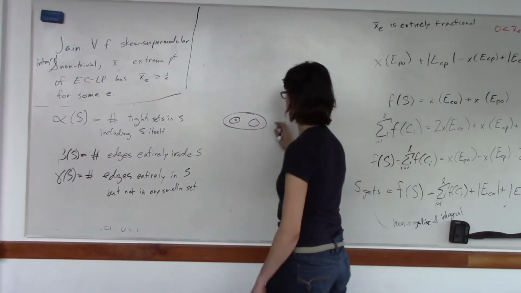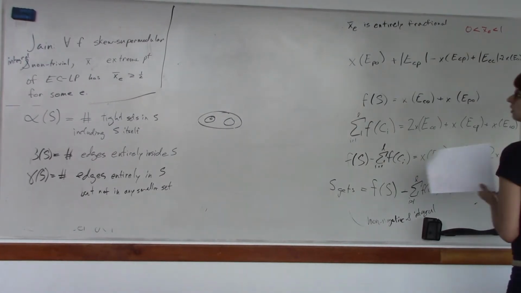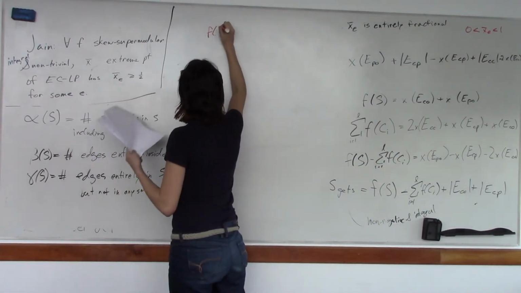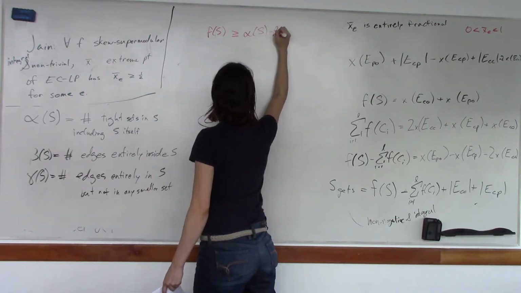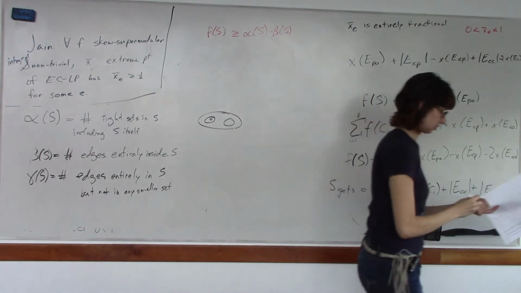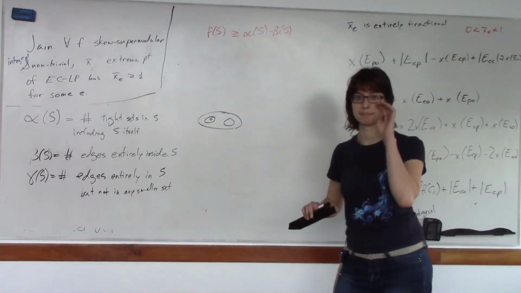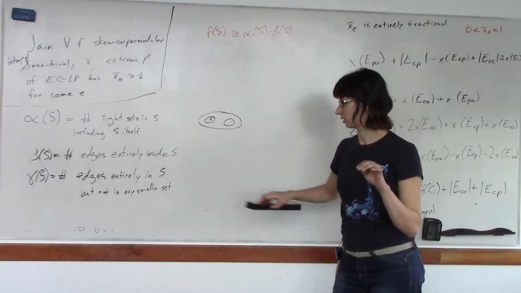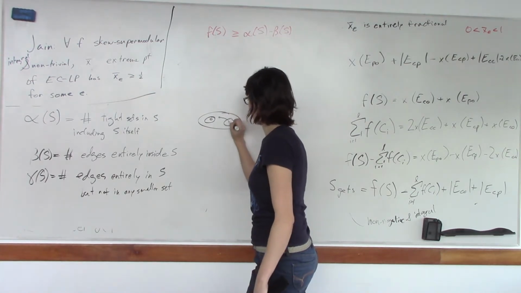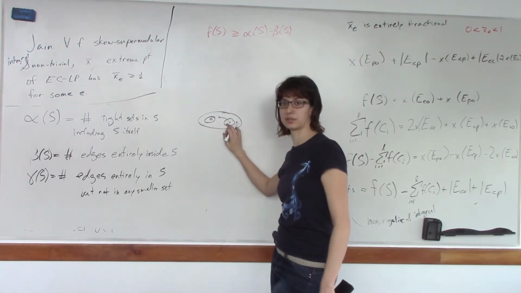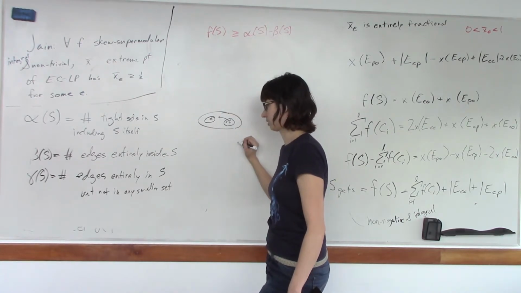So the first claim that they make, their key claim that they use, is that f of s is at least alpha of s minus beta of s. For example, this guy gets counted for beta s and gamma s, and this guy gets counted for beta s but not gamma s.